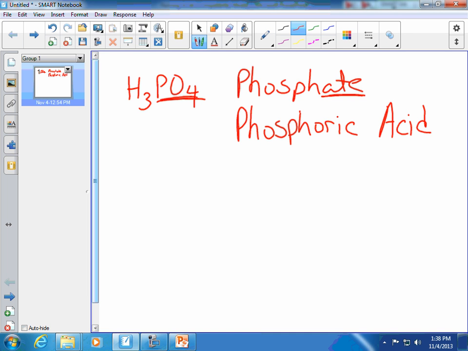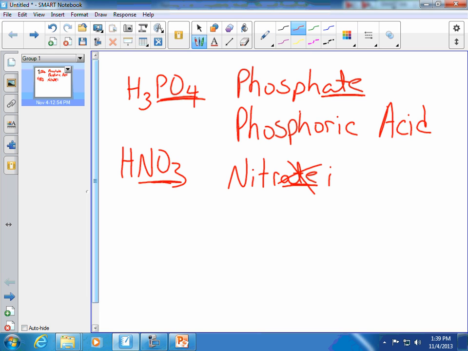And the other example I talked about was HNO3. Our anion is NO3, and this is nitrate. Here we change the ending of the suffix to -ic again, so we get nitric acid.